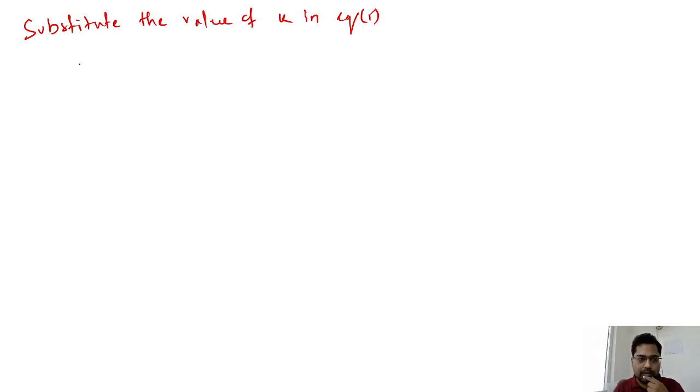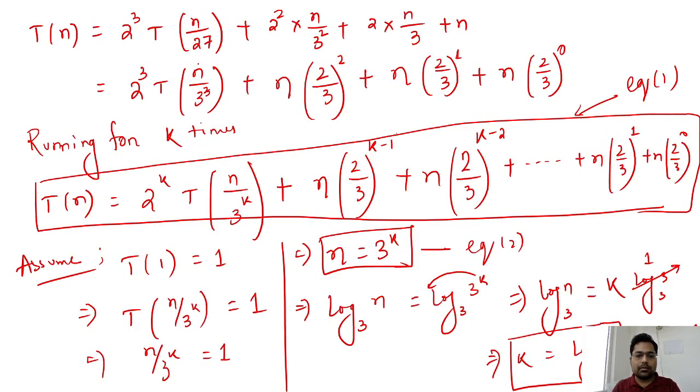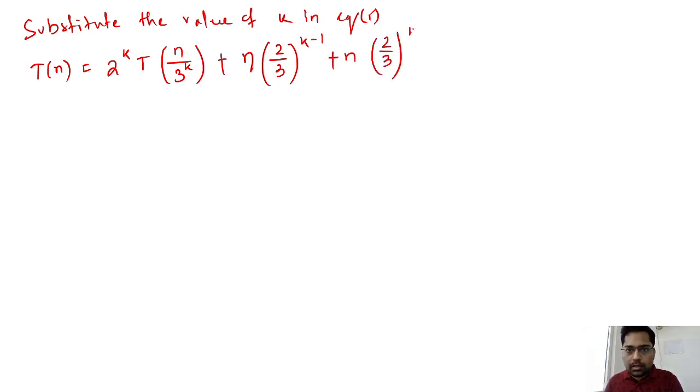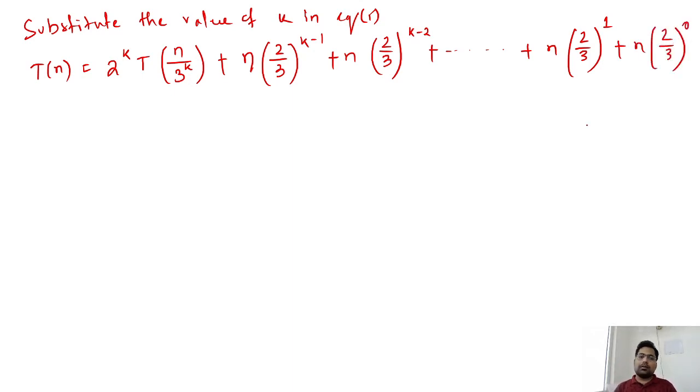If you want to substitute that, T(n) will be now 3 to the power k, we have written, sorry, 3 to the power k, plus n to the power k minus 1, plus n into 2 to the power k minus 2, dot dot, n into 2 to the power 0, you can say it's 1. Okay, this is what you found.